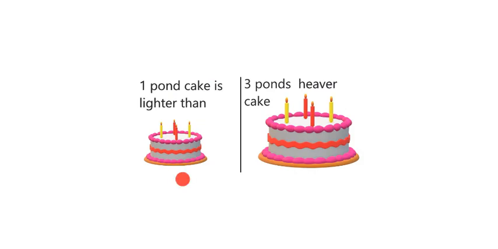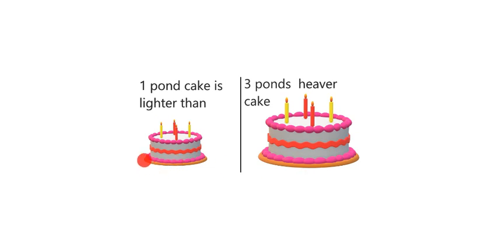You see two cakes and they look very delicious. Here is also the difference between the sizes of these two cakes. One cake is bigger than the other cake. Now you will see also the difference between the weights of these cakes.